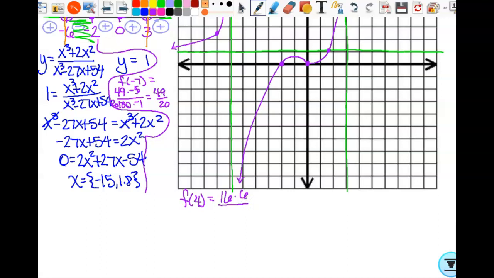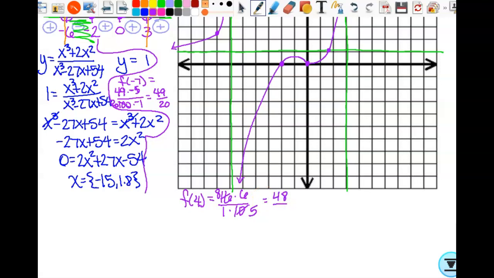And then 4 minus 3 is 1 squared is 1 times 4 plus 6 is 10. I can reduce before I multiply. 16 and 10 I can both divide by 5. So that's going to give me 48 over 5.